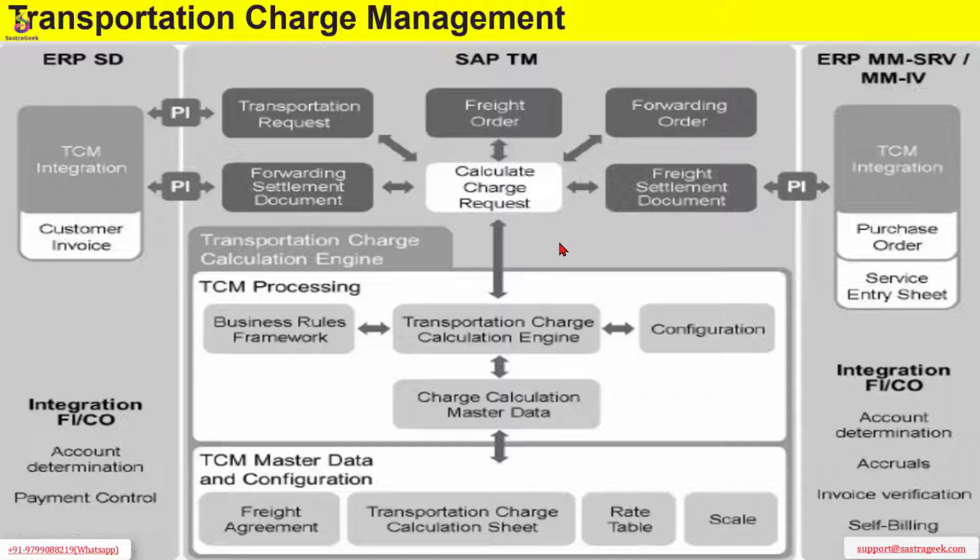In our case we are talking about the freight order. It could be a forwarding order, freight booking, transportation request, or forwarding settlement; any of these sources will require charges to be calculated. Most important is what happens within the transportation charge calculation.